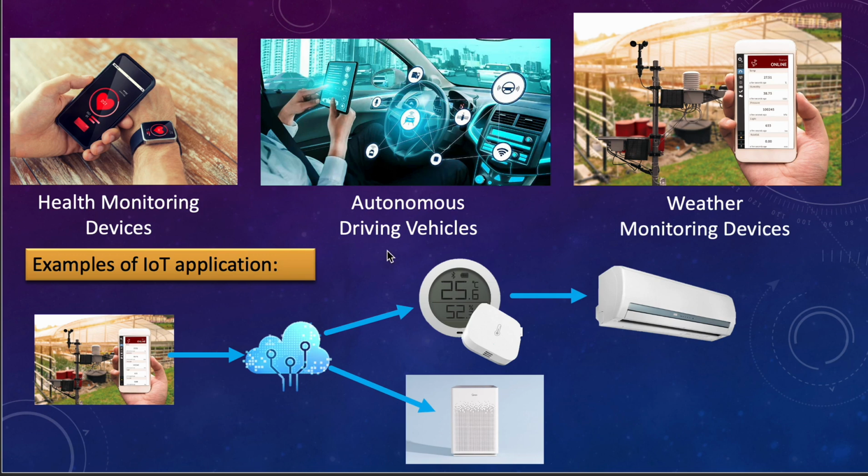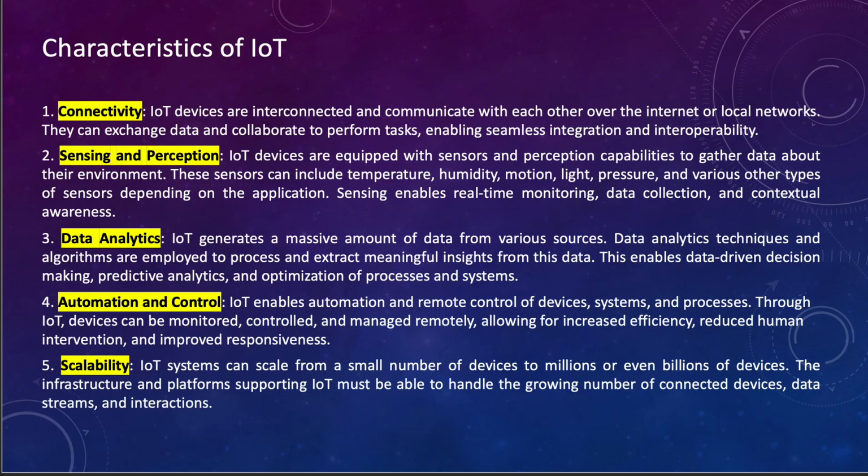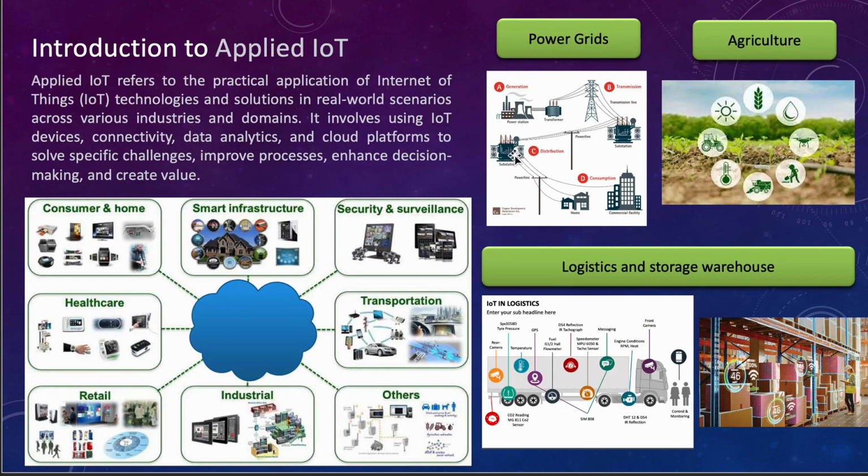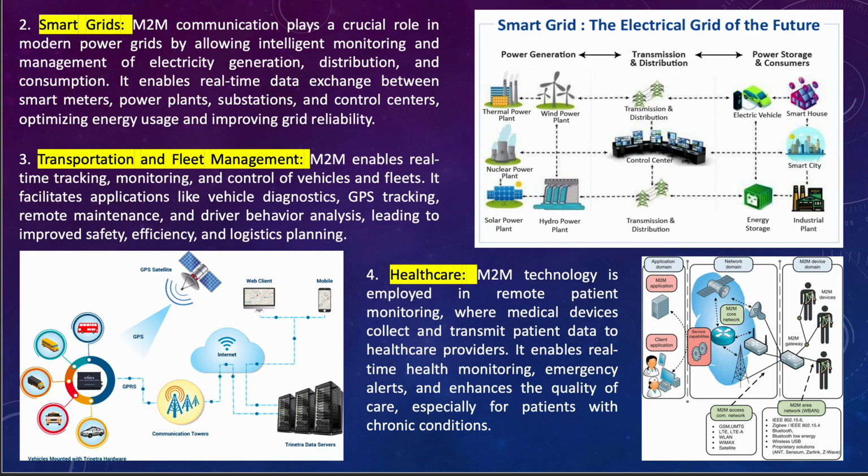If each vehicle is an IoT device in itself, Tesla would have its own IoT ecosystem. We talked about these examples. We talked about power grids, agriculture, logistics, and so on and so forth. How M2M and IoT work on those levels as well.